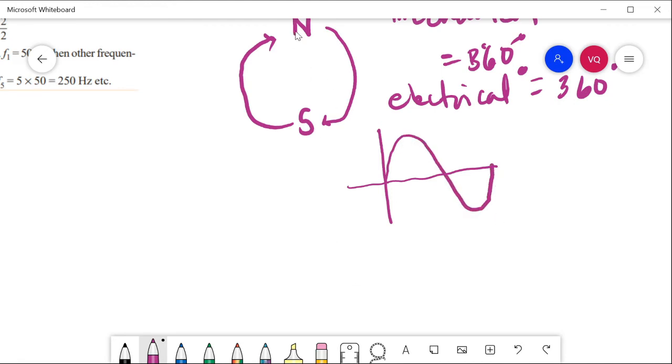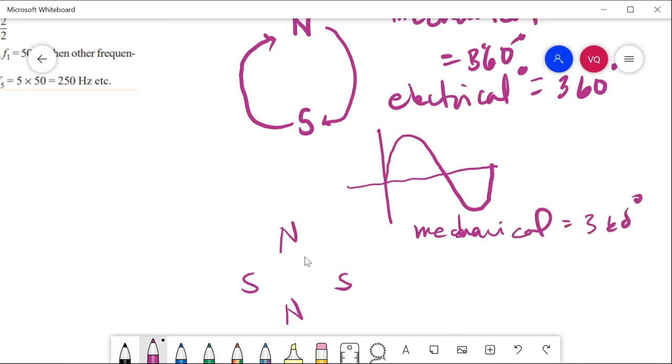If we have a four-pole, north, south, north, south, mechanical, we have 360 degrees. But in electrical, for every north, south, north, we have 360. So how many north, south, north here?